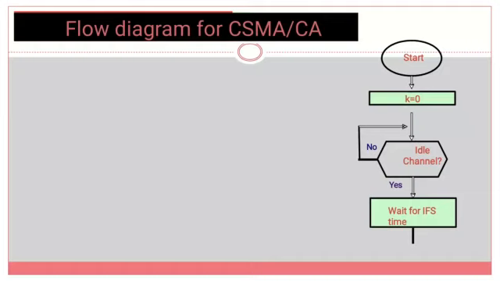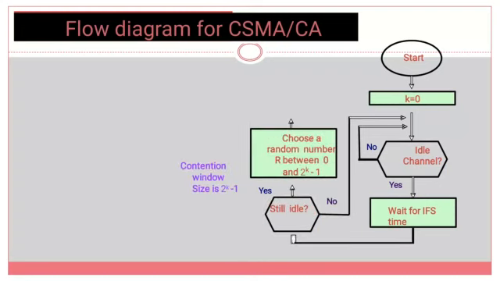Once the channel is idle, it will move to wait for the IFS time. After the timer times out, again it checks whether the channel is idle or not. If it is still idle, then it will move to the next step. Otherwise it will go back to the first step again, that means sensing the channel again from the start.